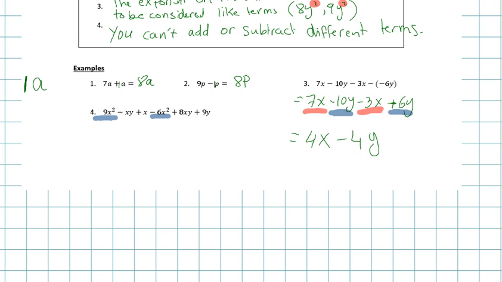What's the like term for xy or negative xy? 8xy. Remember, you have to have the same letters, guys. If you don't have the same letters, they're not like terms. 9 and x are not like terms, so they're going to stay the same. You can't add them together because one is x, the other one is y.